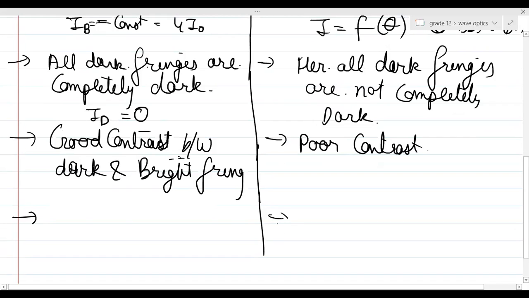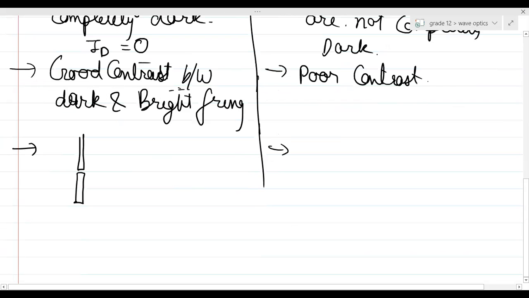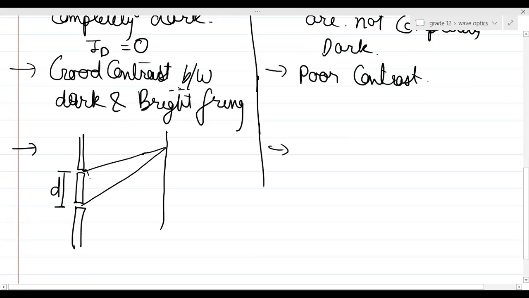Now, a very important point. Do you remember, when we talked about interference, this was basically the slit separation denoted by small d, right? And the waves from here and here were making a pattern on the screen, right? So let's say this point is A and this point is B. This is S1, S2, and this will be the path difference.